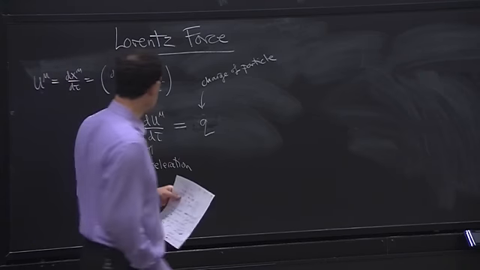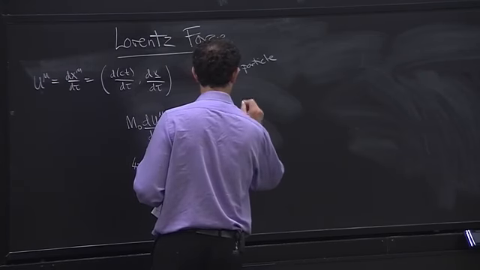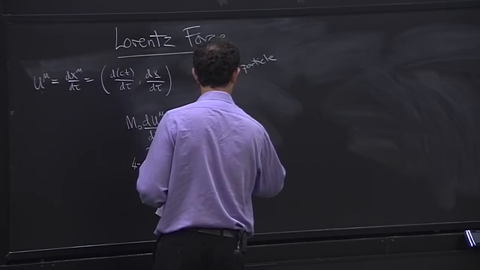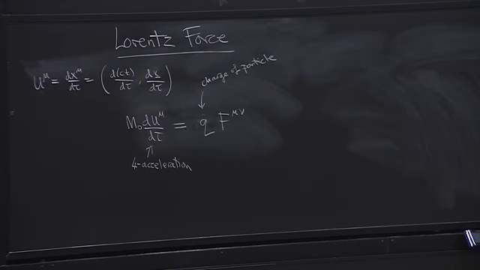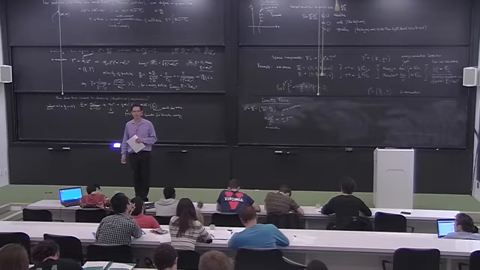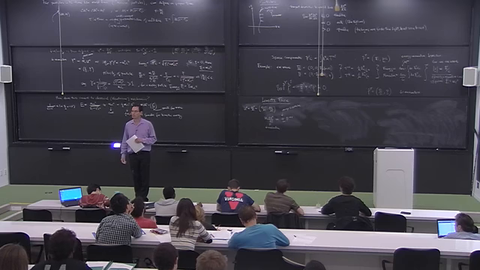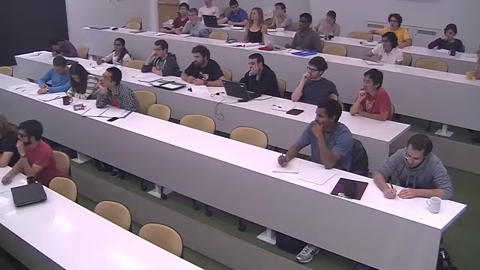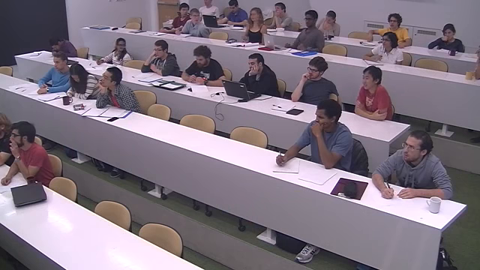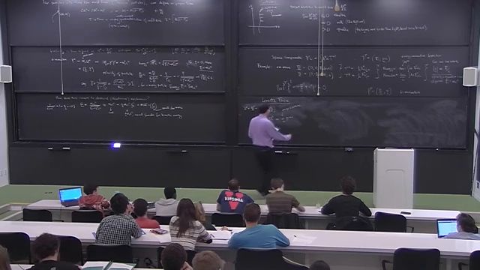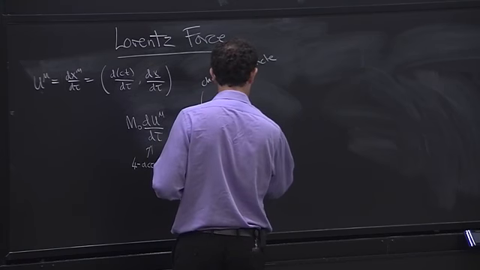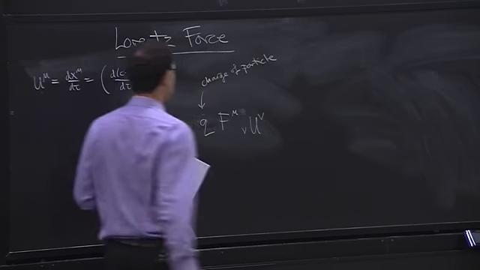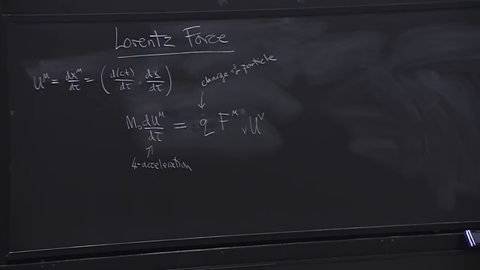Well, I want to put the field strength tensor, F^mu nu. And that doesn't work because the right-hand side has two indices. So what can I do? There's only one thing I can do. With what? The four-velocity. The four-velocity. That's the only thing you've got left. Okay, so we'll lower that index and contract it with the four-velocity. That's the only thing that makes any sense. So that's the Lorentz force.